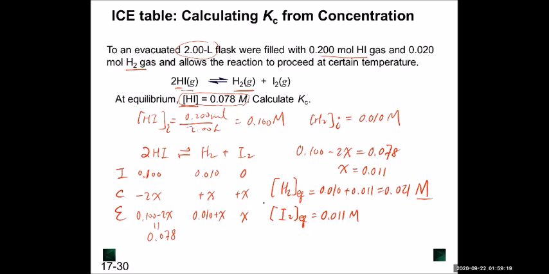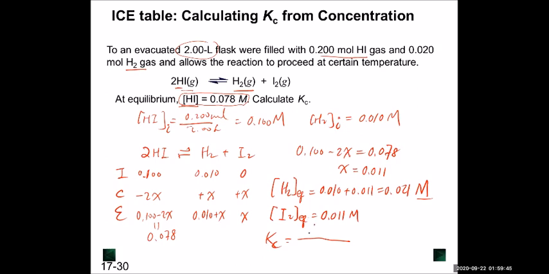Finally, we can solve for Kc. Based on the law of mass action, basically it's each product raised to the power of its coefficient divided by each reactant raised to the power of its coefficient. That's how you calculate Kc. For this reaction, H2 and I2 are both gas.